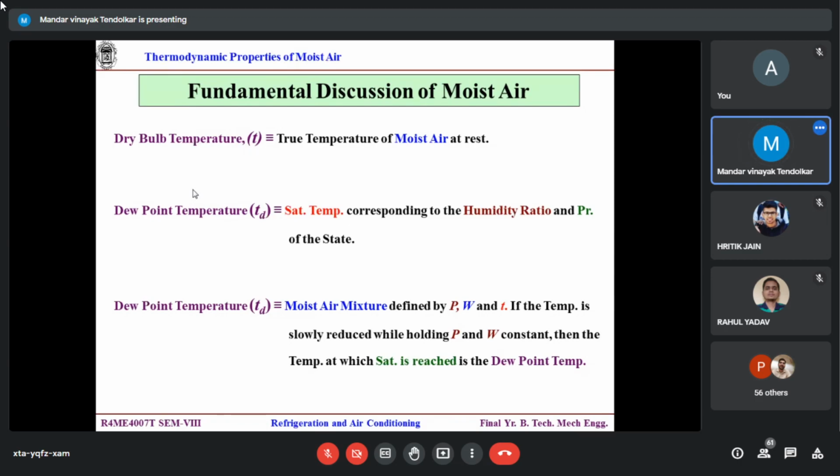Air, being lower density, will be on the upper side. Moisture will start condensing and collecting at the bottom. That particular temperature is the dew point. Am I clear? Any doubt?